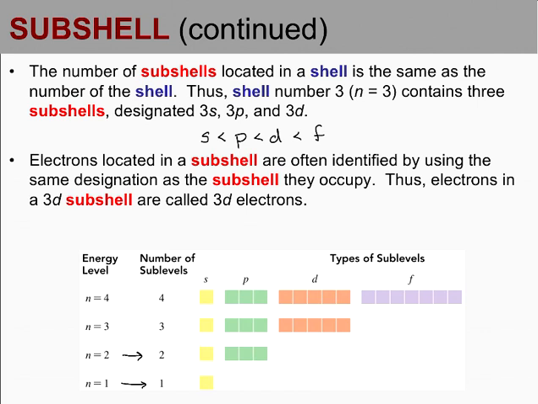So we have an S subshell and a P subshell. And then in energy level 3, we have 3 subshells, S, P, and D. And then in energy level 4, we have 4 subshells, S, P, D, and F.